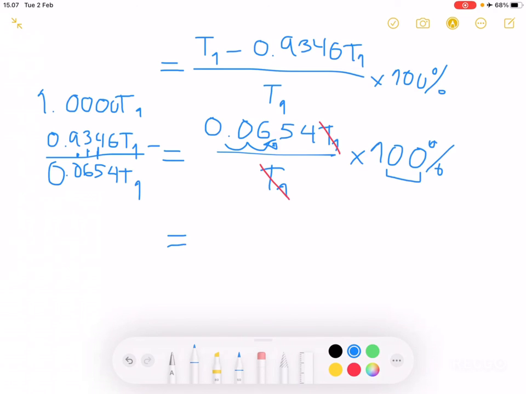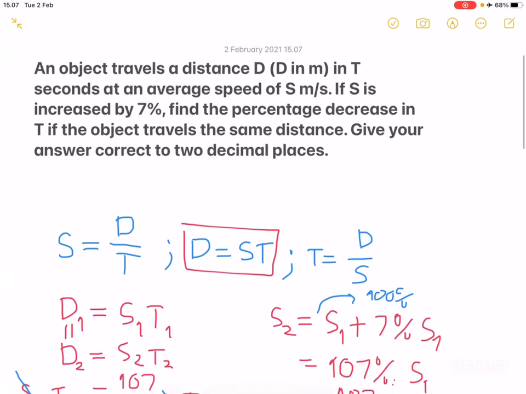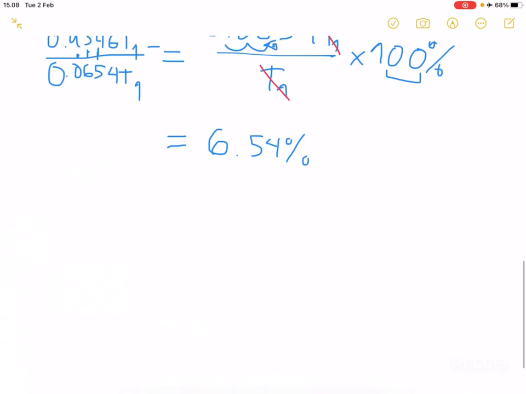And this will become our final percentage decrease of 6.54%. And we're also asked to give your answer correct to 2 decimal places, which is exactly what we did here.